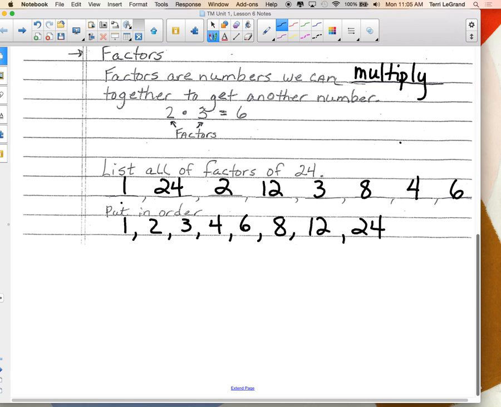There were 1, 2, 3, 4, 5, 6, 7, 8 in our unordered list. So let's go 1, 2, 3, 4, 5, 6, 7, 8 in our ordered list. These are all factors of 24. This is a really important skill in math, that we can name the factors of numbers. Questions?